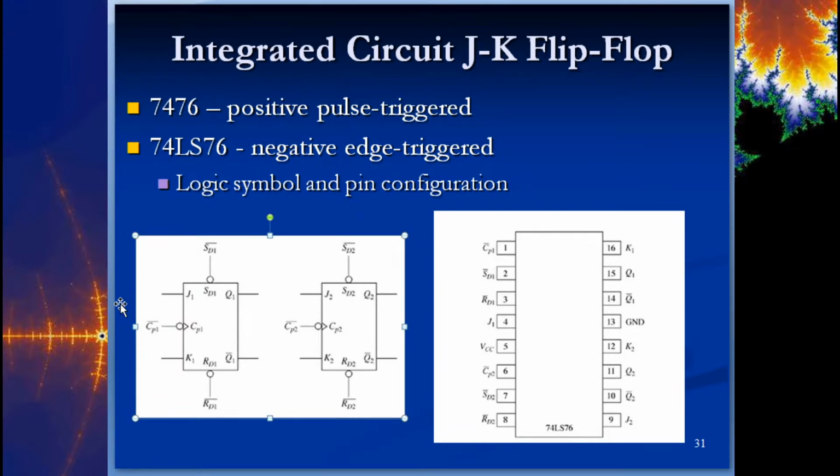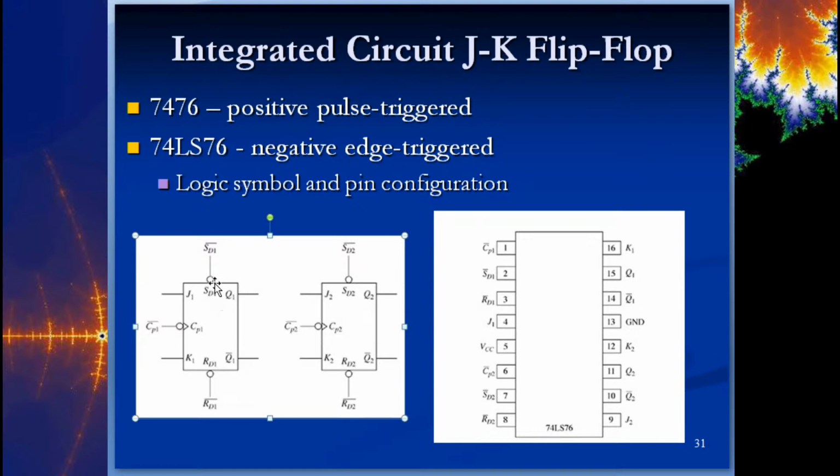If you ever see a question where it says, what are the synchronous inputs of a flip-flop? Then you would say J and K and CP, right? And then you say, what would be the asynchronous inputs? And that would be the asynchronous set and reset. Those take precedence no matter what's going on in the circuit. They will override, even if it's on the negative edge trigger.